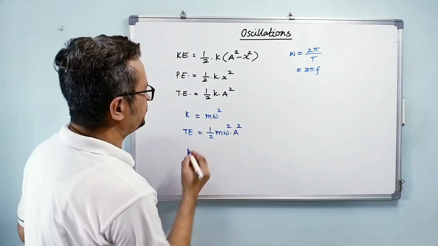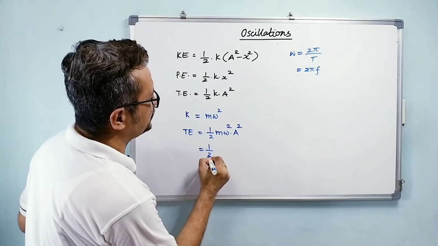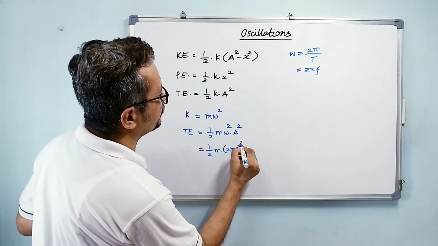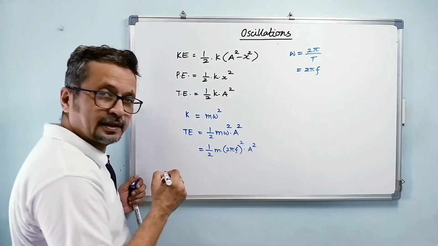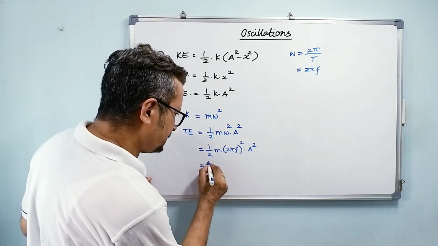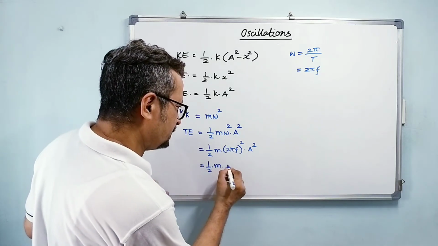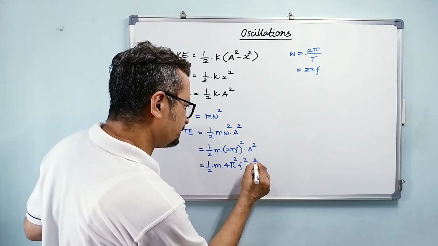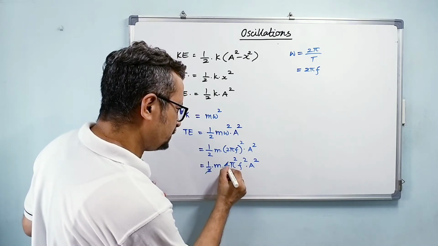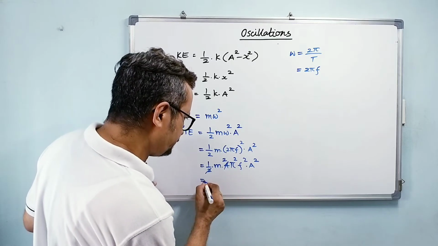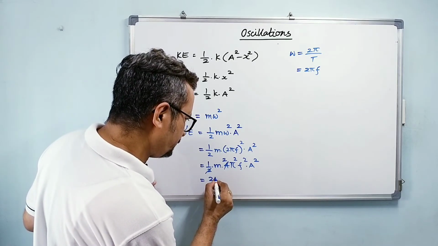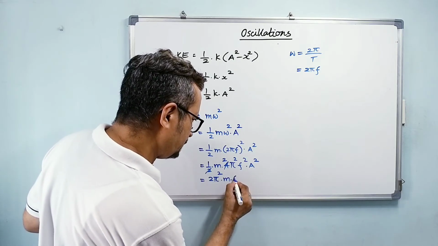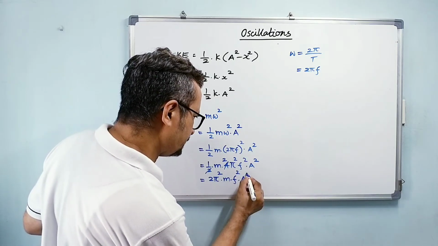I'm going to substitute that here, so it will be half into M into 2 pi F square A square, correct? It will be half M 4 pi square F square A square. So this 2 and 2 here, it would be 2 pi square into M F square A square.